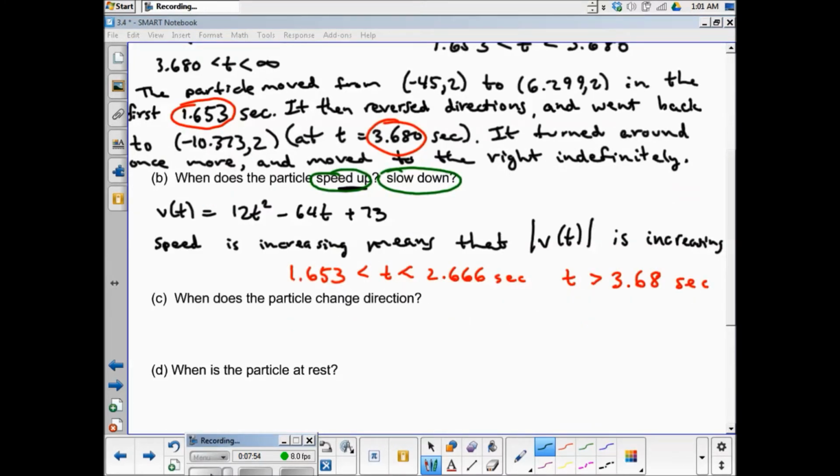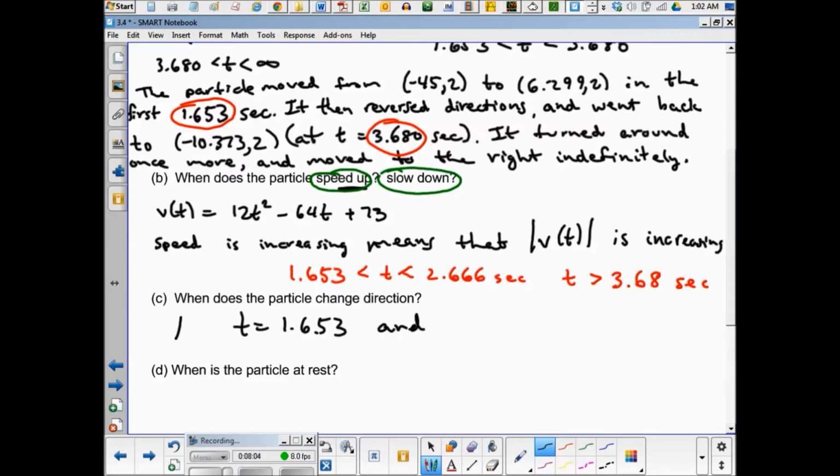Okay, then it says, when does the particle change direction? We actually already talked about that. That was at t equals 1.653 and t equals 3.680. When is the particle at rest? That's the same question.